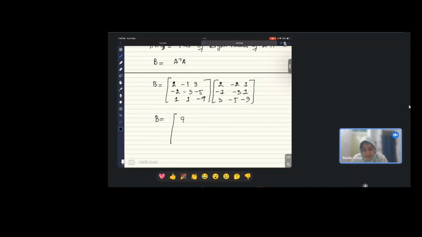You maybe made some mistakes in the second term. What is the second term you're getting? Multiplying 4 plus 1 plus 9. Yeah, actually it should be 4 plus 1 plus 4.